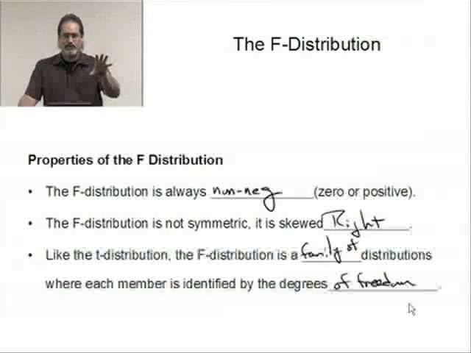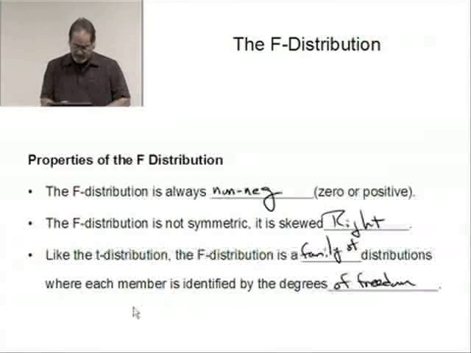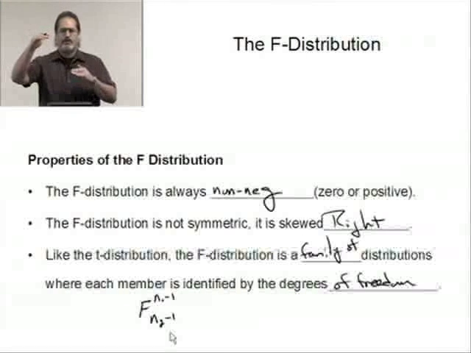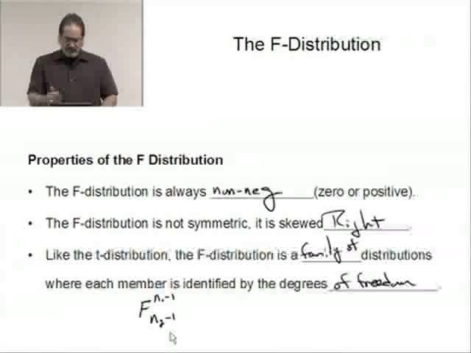There's only one sample. But here, the f distribution is based on 2 samples. So I'm going to have the degrees of freedom in the numerator, n1 minus 1, and degrees of freedom in the denominator, n2 minus 1. So there's 2 different degrees of freedom. We do not have to have the same sample sizes. So based on both sets of degrees of freedom, that will determine the shape of the f distribution.